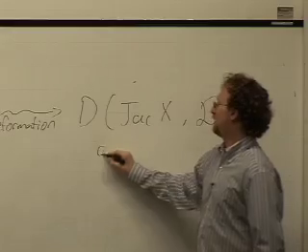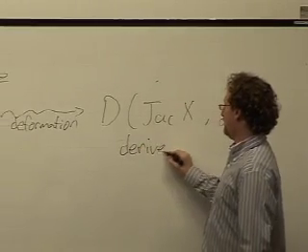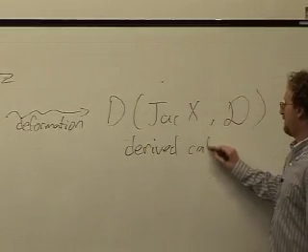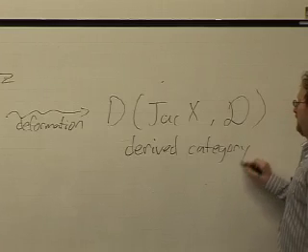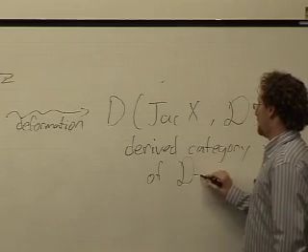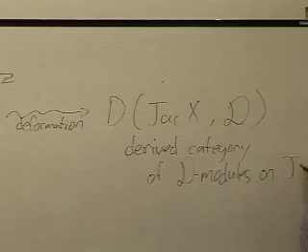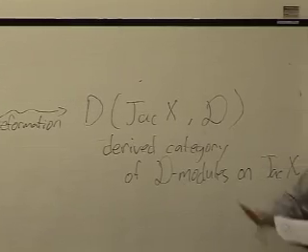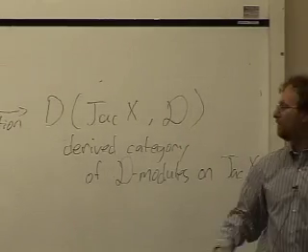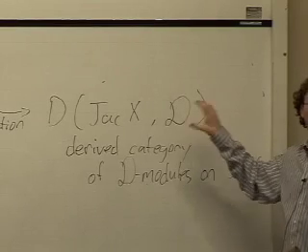So this is actually maybe the main star of the week. This is the derived category of D modules on the Jacobian of X. So again, as I discussed yesterday, the D module we think of as some kind of function space.